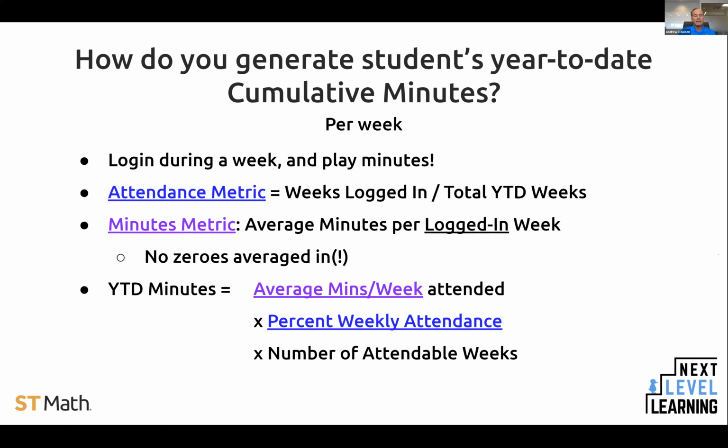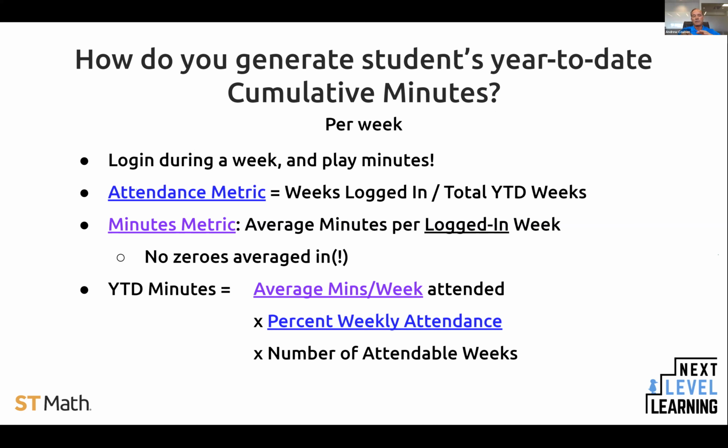And then the arithmetic, I should have said I'm going to go hopefully slow, but also going to use some math thinking here and some arithmetic. So this arithmetic is the total year-to-date minutes, with these new blue and purple underlined metrics. You take the average minutes per week, you multiply that by the percent weekly attendance times the number of attendable weeks.